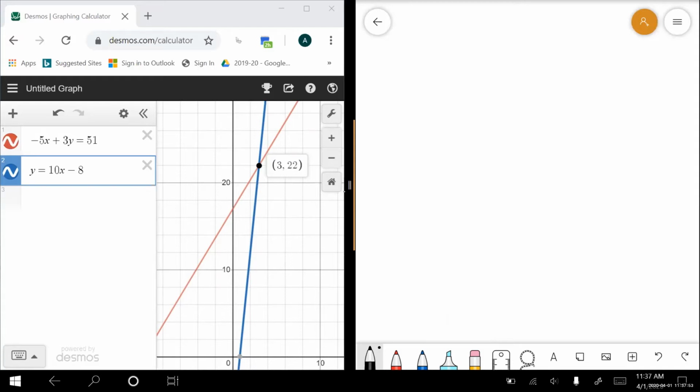So here's one type. Okay, let's start with, and this one's coming out of section 5.4 of your textbook. We are going to look at number 2. So number 2 on page 257.